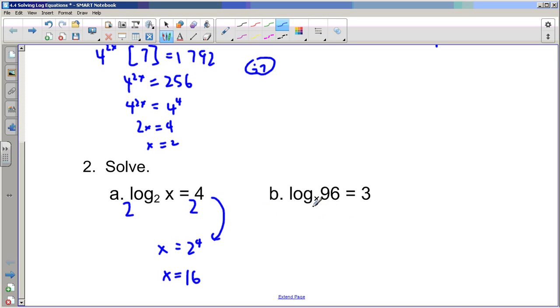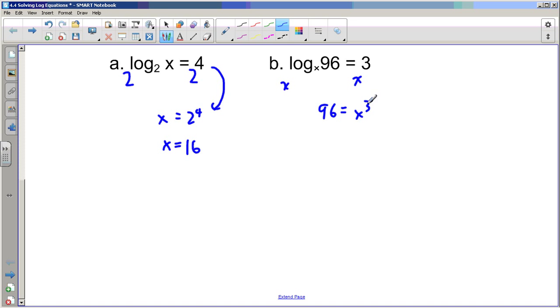Like this one here, exponential function base x of both sides is going to give us a function composed with its inverse. They will wipe each other out. Then I'm just left with 96 equals x to the exponent 3. Now, how do I solve this? Well, I need the opposite operation of a cube, which is cube root, and I can think of that as 96 to the exponent 1/3.